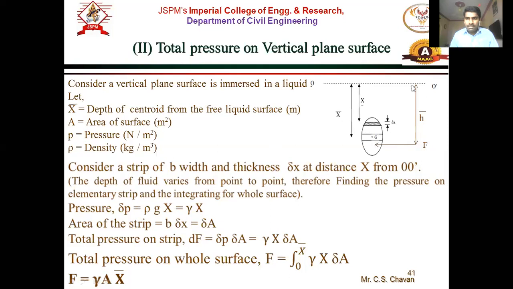This depth is h bar, the location of the center of pressure. So we have to find these two things: F, the intensity of the total pressure force, and h bar, the location of the center of pressure.